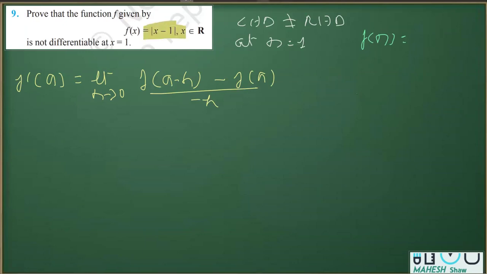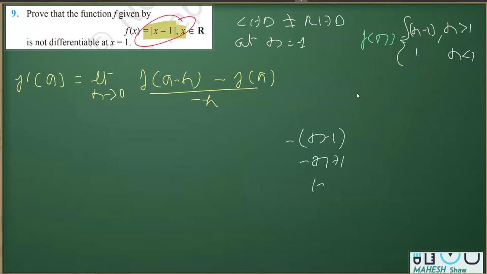Clearly for x greater than 1, it's going to be x - 1 only. And for x less than 1, it should be the minus of this, which is -(x - 1), that is -x + 1. We can write 1 - x instead.